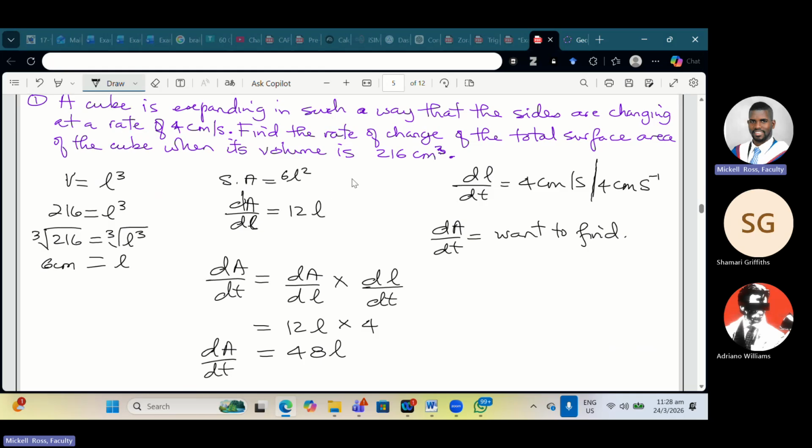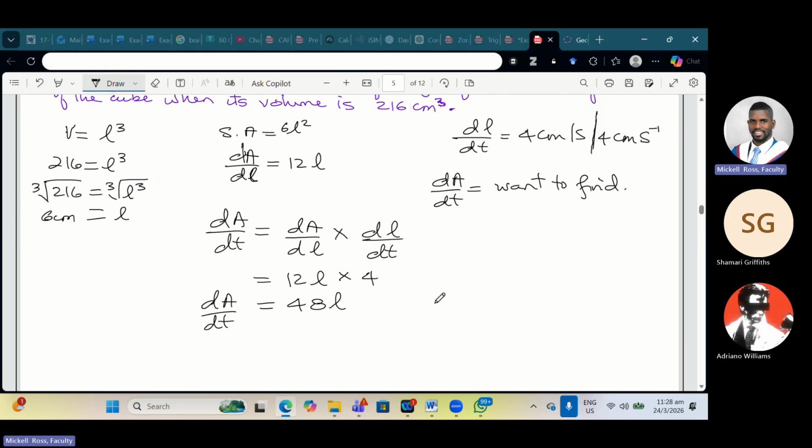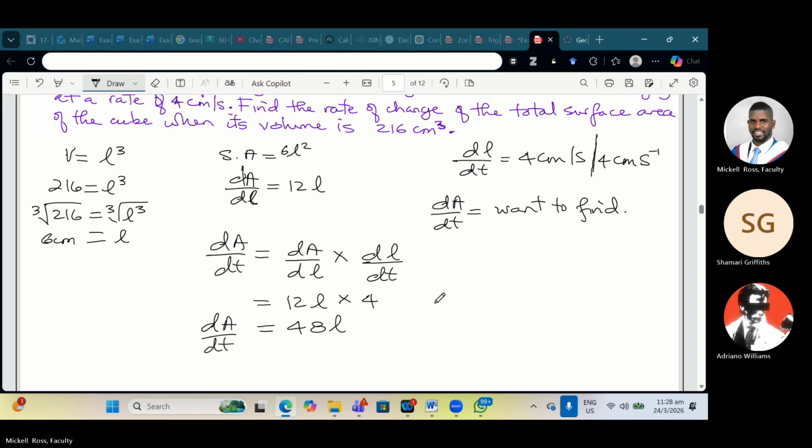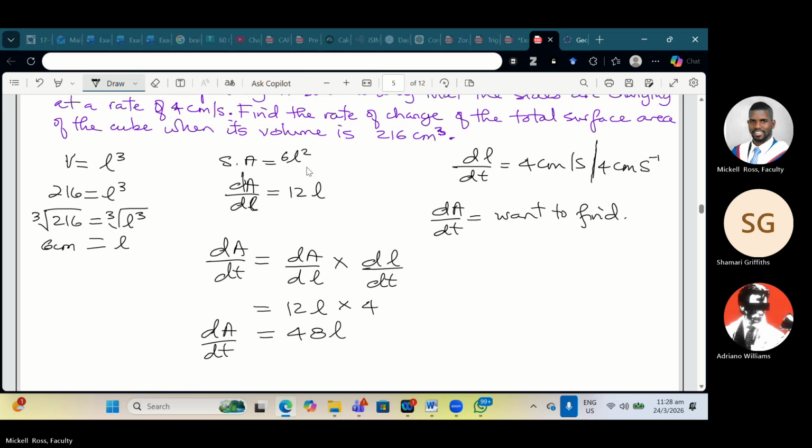But notice, it is very specific to when the cube has a volume of 216.